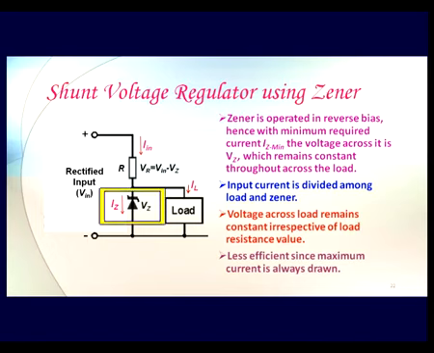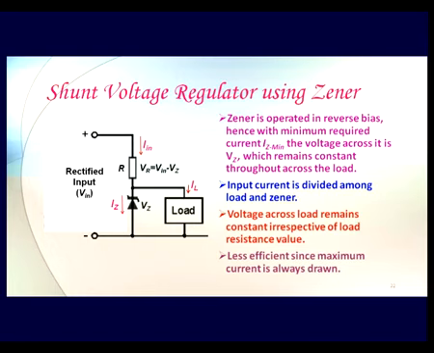Since this Zener is going to have Vz as the voltage across it, and if say Vin is the rectified input that we are getting, then the balance, Vin minus Vz, is going to be dropped across this resistance. So this is going to be our dissipative element in our shunt voltage regulator.